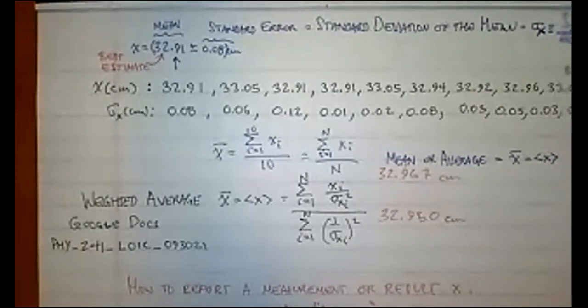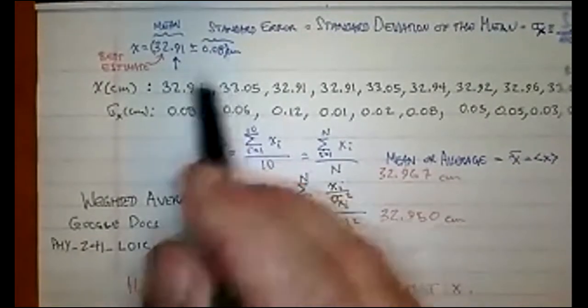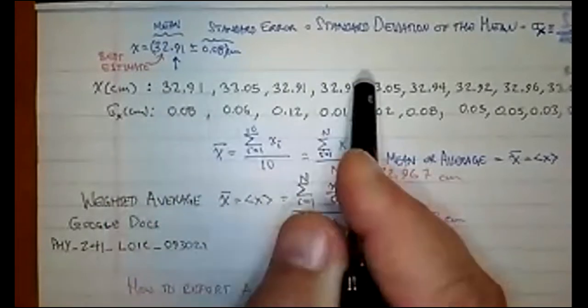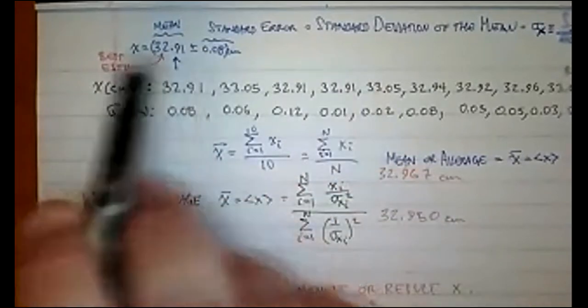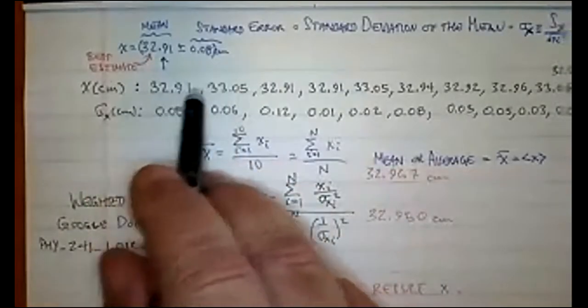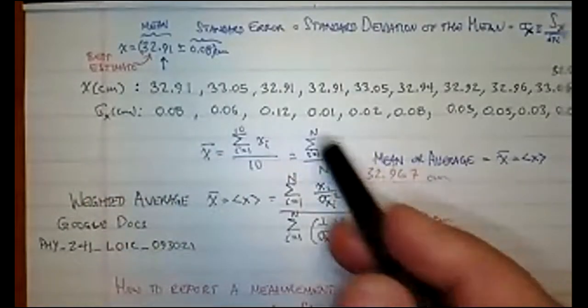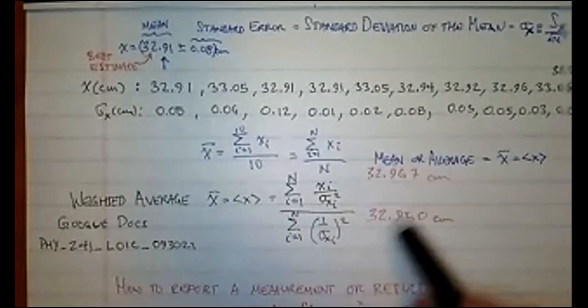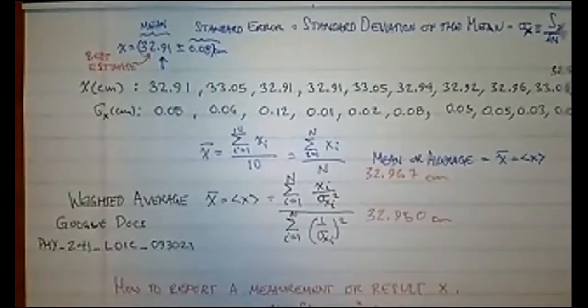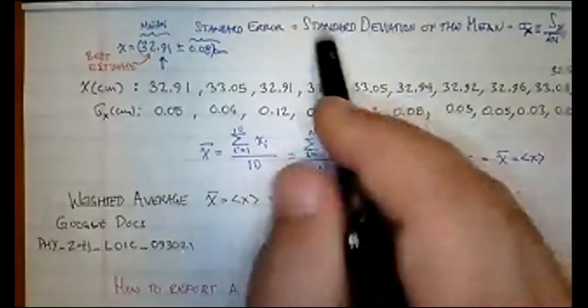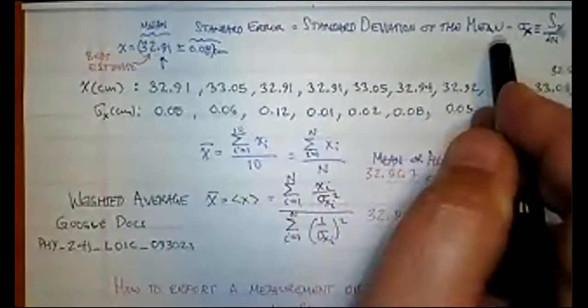What I really want to know is how close were the means of all these trials to the mean of the whole thing. In other words, when I take the mean of all this, whether it be this mean or the weighted mean, how close are all the other total experiments like this to having a mean of that size? Okay, that's why we use something called the standard deviation of the mean.